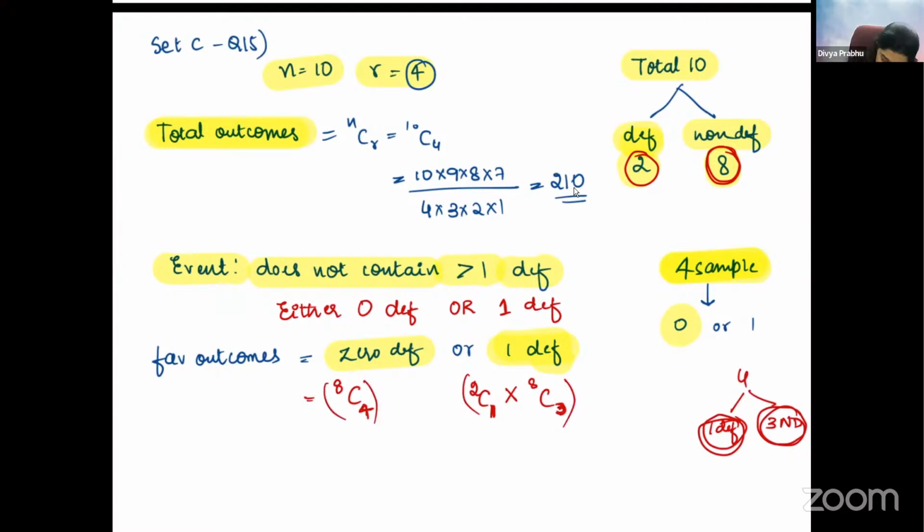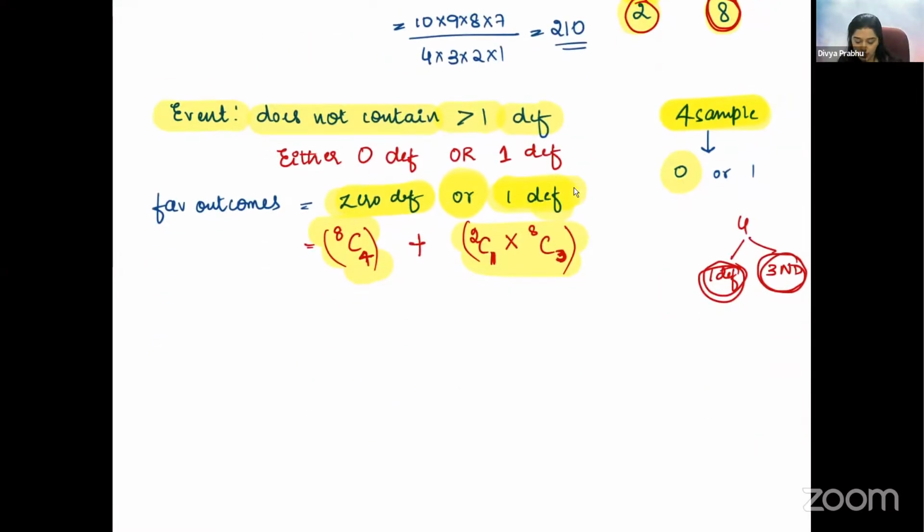Now here you can see there is or in between. This is for 0 defective, and this is for 1 defective. In place of or, there will be plus. So basically, I want 8C4 plus 2C1 into 8C3.